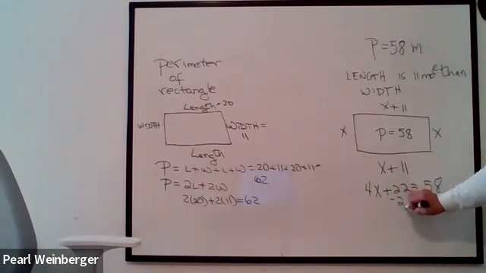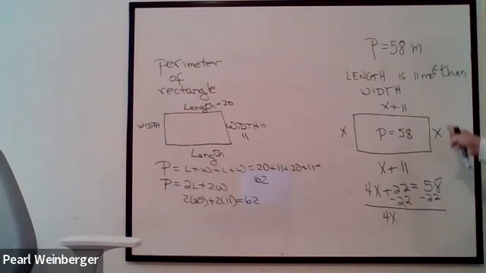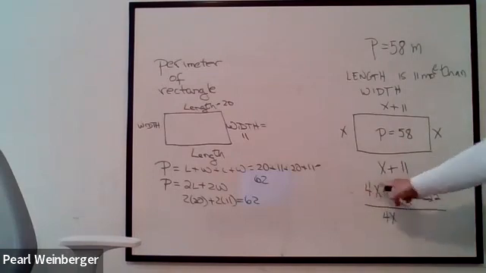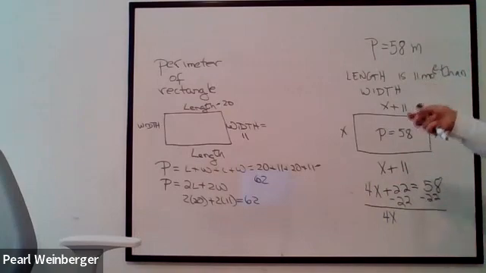So we're going to subtract 22 from both sides. Regular equation now. We have made a mathematical model. This 4X plus 22 equals 58 is a mathematical model of this real life situation. It's an equation that we can use to solve what we're looking for.